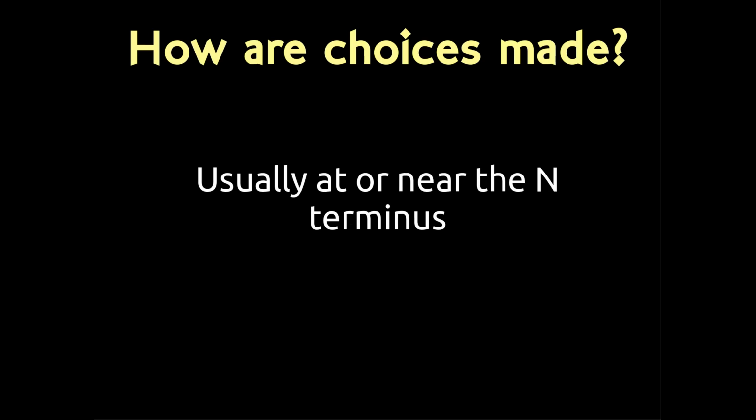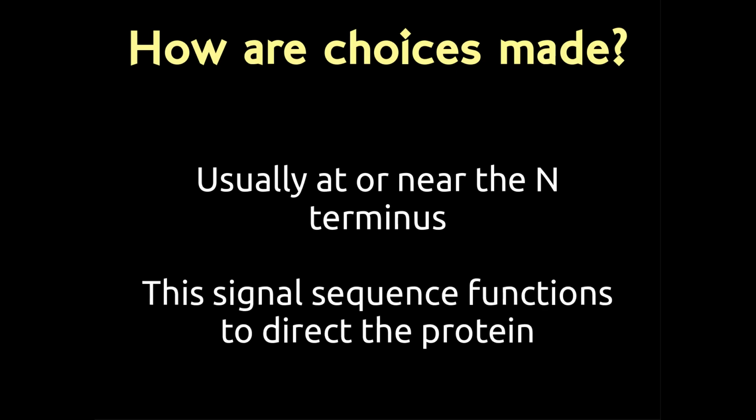This is usually at or near the N-terminus of the polypeptide. These signal sequences function to direct the protein, or signal the other cellular machinery to guide it to where it needs to be going.